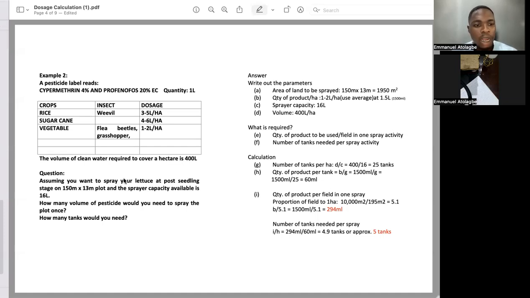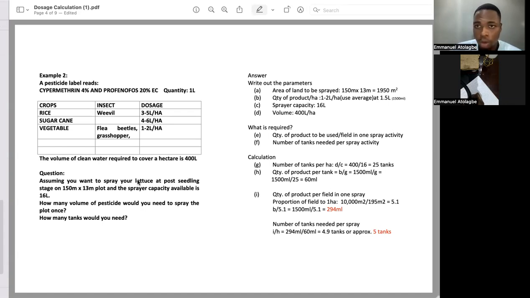We are spraying lettuce or fruity vegetables, tomatoes and the like. So you add 2 plus 1 divided by 2, which gives you 1.5 liters. So we are working with 1.5 liters per hectare.